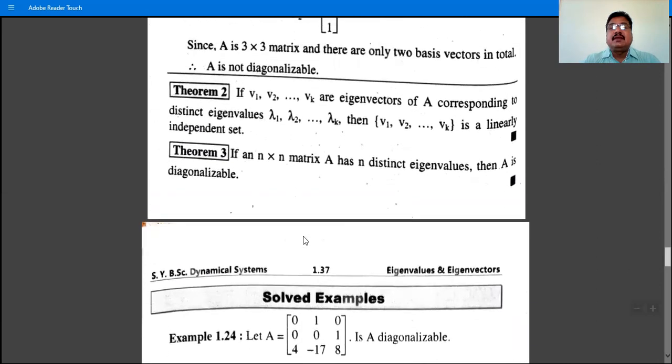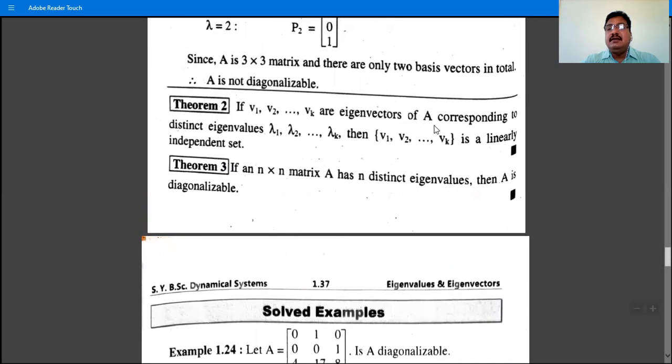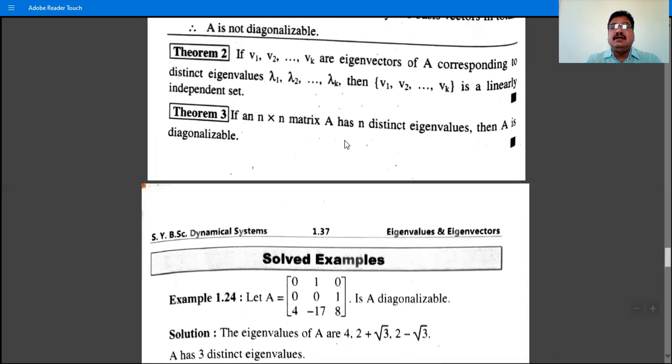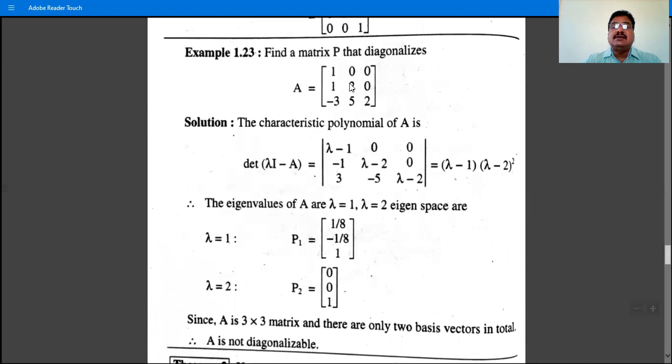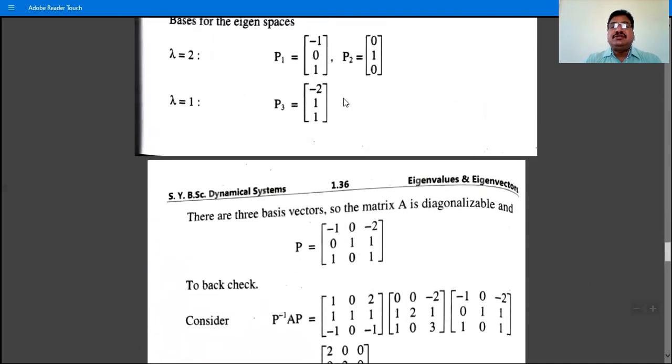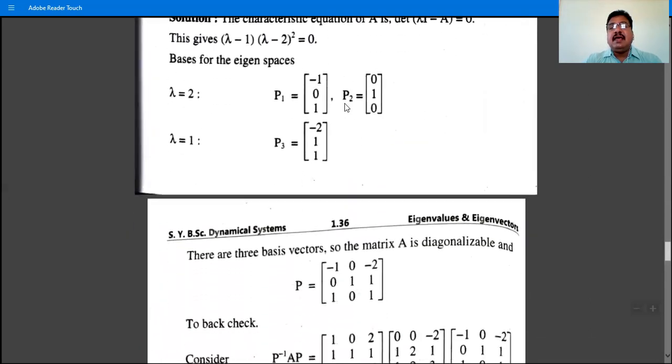If v1, v2, ..., vk are the eigenvectors of A corresponding to distinct eigenvalues lambda 1, lambda 2, ..., lambda k, then the set v1, v2, ..., vk is a linearly independent set. If A is of order n by n and has n distinct eigenvalues, then A is diagonalizable. That is, if A has 3 distinct eigenvalues, then A is diagonalizable.